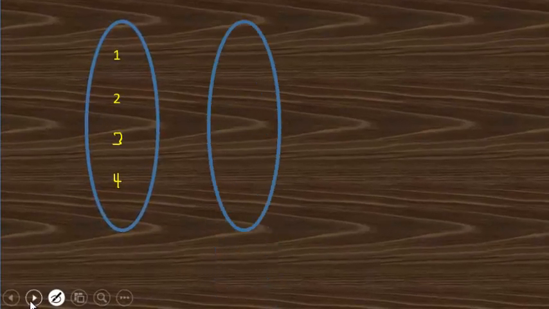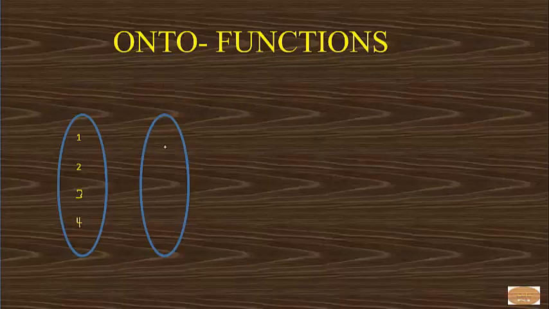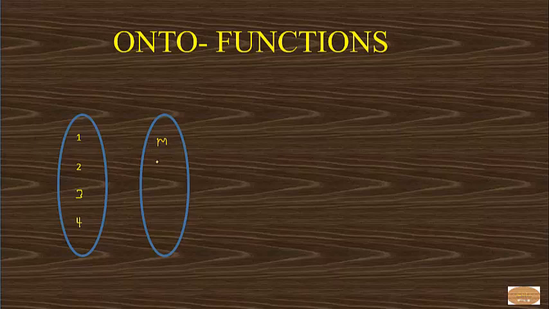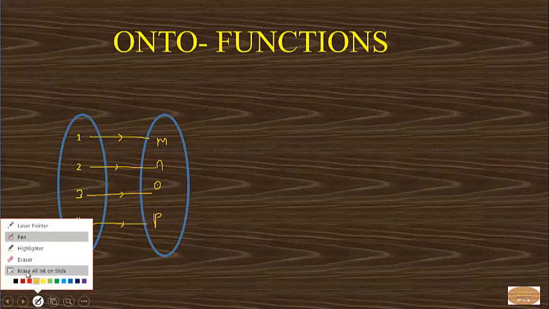Alright, now then the codomain, we have M here and O, P. So that's this one, also this one. Let me draw this one well.